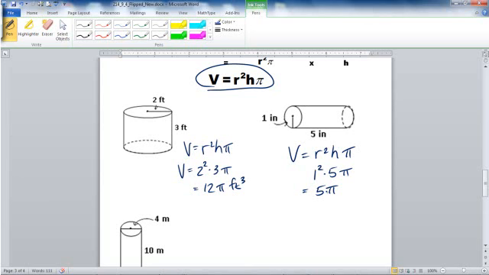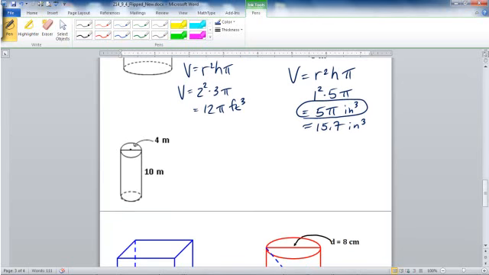If they ask you to multiply by 3.14, then you get your answer, which is going to be 15.7. And inches cubed. Most of the times you will prefer that answer right there.